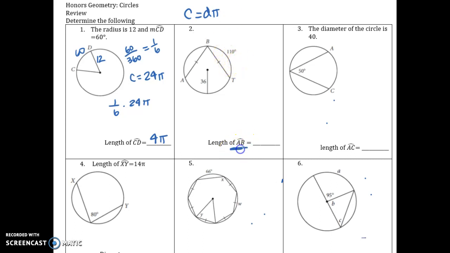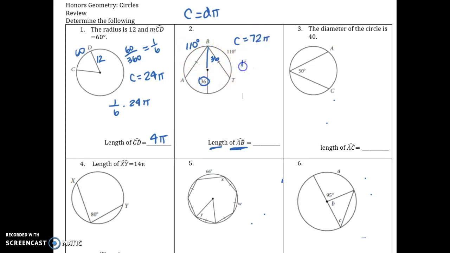Then I want to find the length of AB. Length means how long it is. The degree measure of AB is 110. So for the length, I would have to use the circumference. If the radius of the circle is 36, the diameter is another 36, which would be 72, and then times pi.